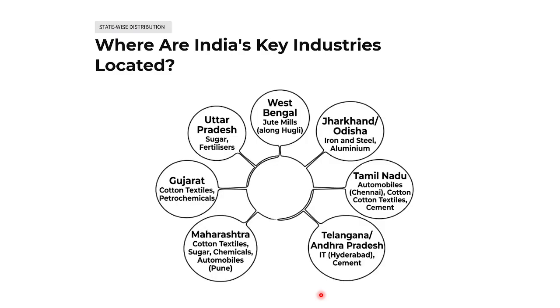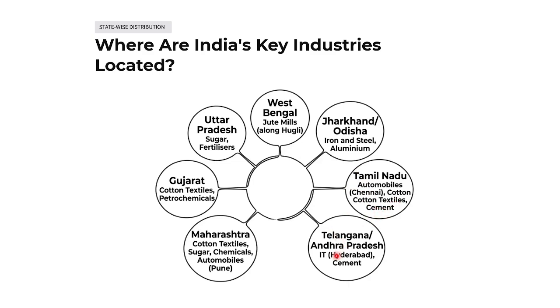Here is where India's key industries are located. One by one we read. In West Bengal, jute mills along the Hooghly River. In Jharkhand and Odisha, we have iron, steel, and aluminum industries. Tamil Nadu has automobile, cotton textile, and cement.